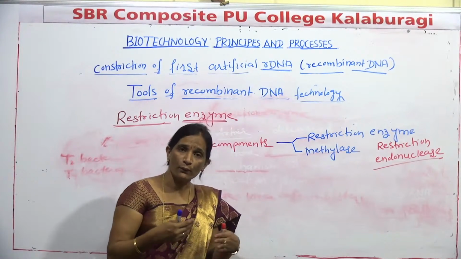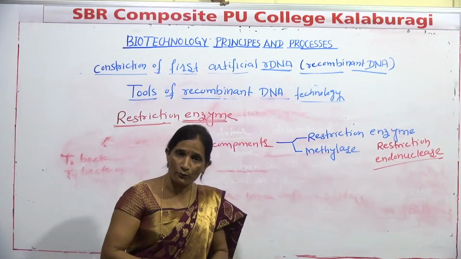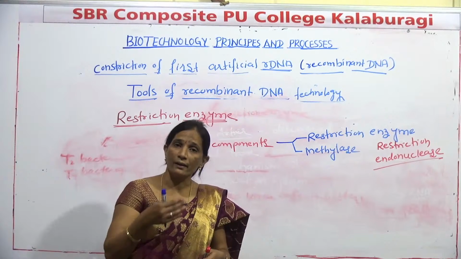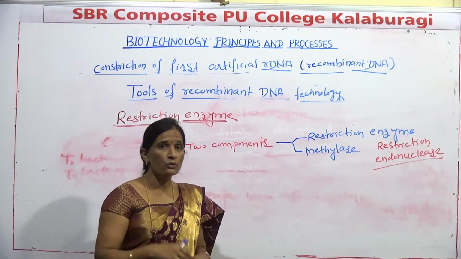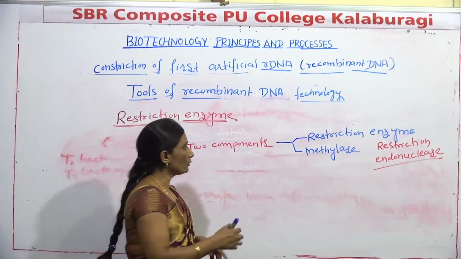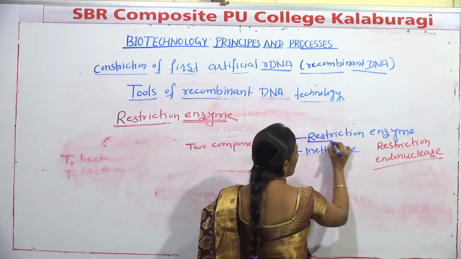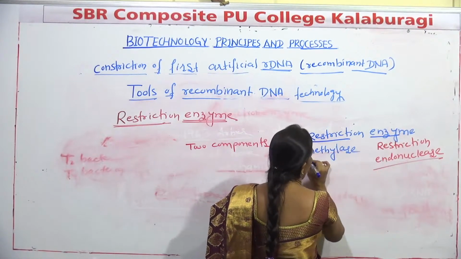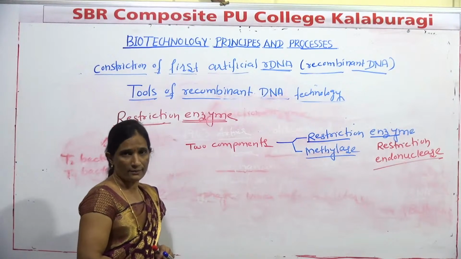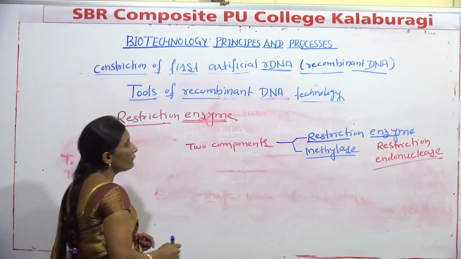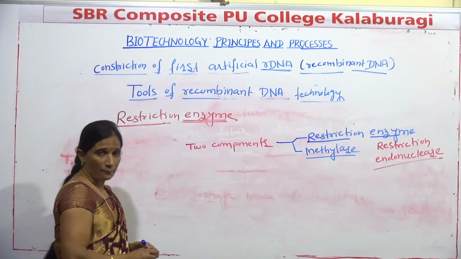Because it contains two components, the restriction enzyme and the second one, the methylase. Is it clear?